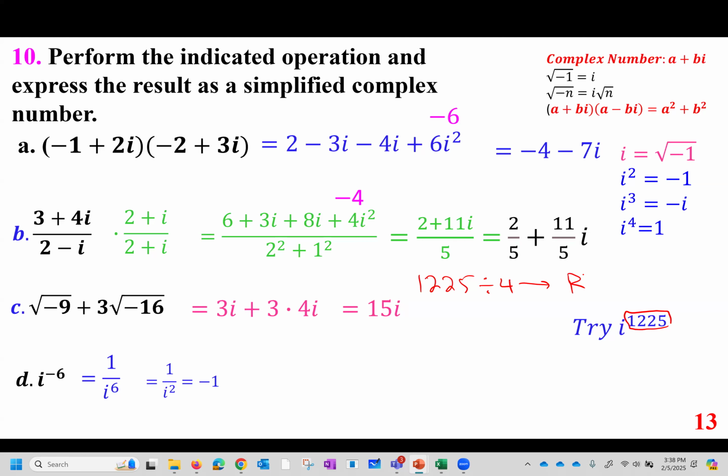What matters is what the remainder is. As you may recall, for the test of divisibility by 4, a number is divisible by 4 if the last two digits are. We read 25. 25 is not divisible, but if you divide it by 4, you get 6 with the remainder 1. Because that's the case, the answer to this one is i to the power of 1, or simply i. Okay.